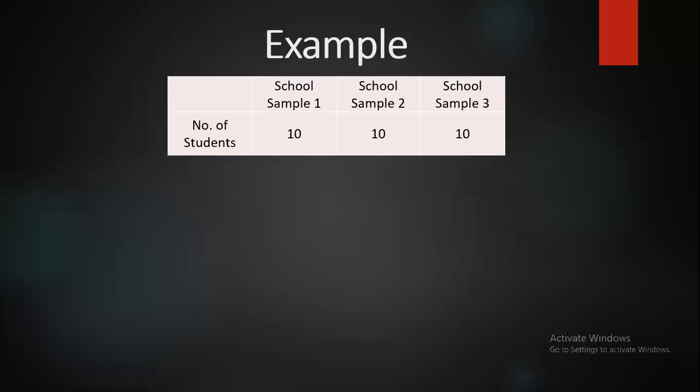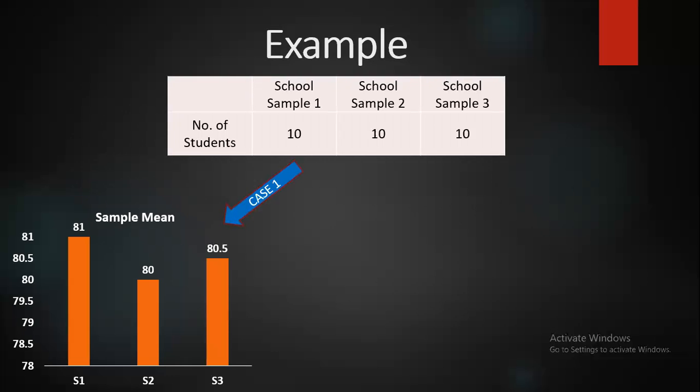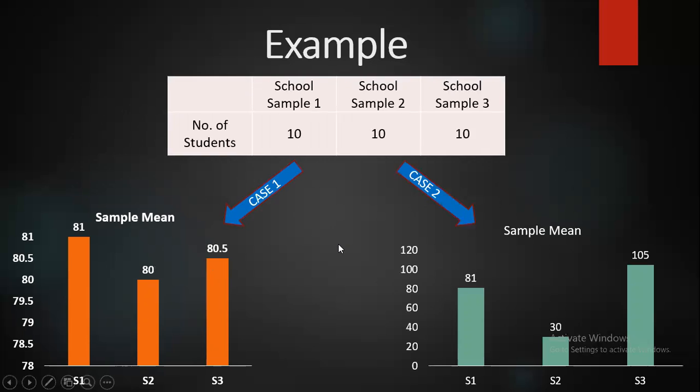Now two cases arise. In one case, when we calculate the sample mean from each school, we get 81, 80 and 80.5. These averages from each sample are somewhat near to each other. Then what about the hypothesis? This will be clear from case 2. You can see here, if I calculate the sample mean for each sample, it is 81, 30 and 105.